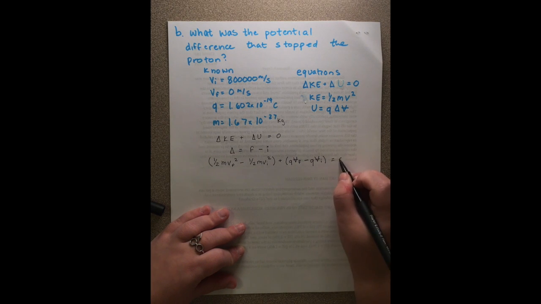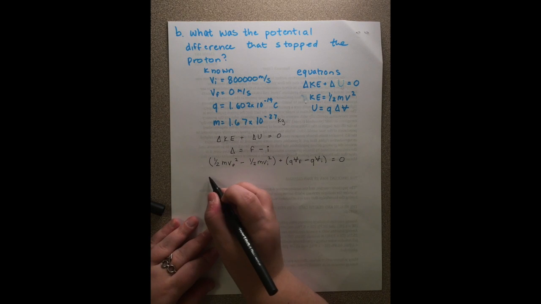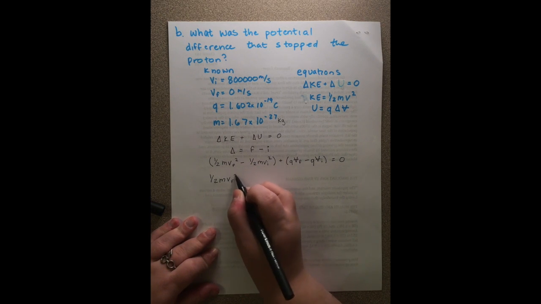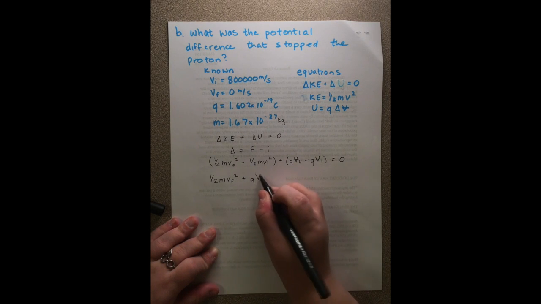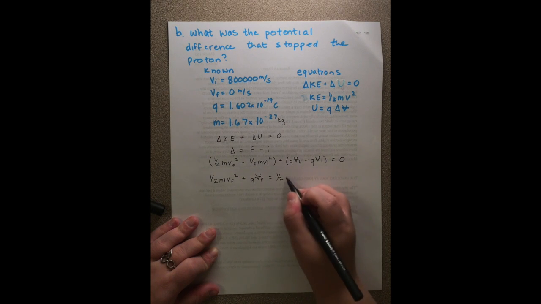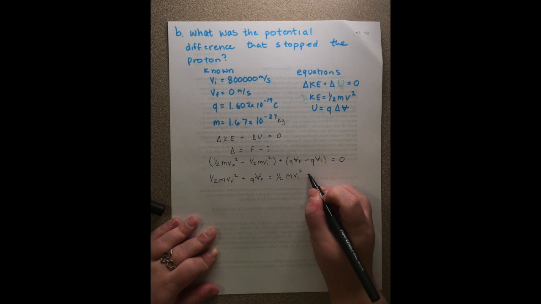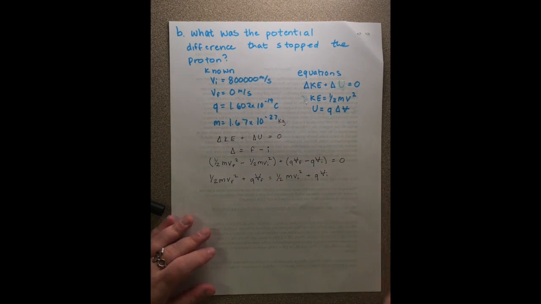And that is all equal to 0. Rearranging this, we find that 1/2 mass velocity final squared plus charge times potential final is equal to 1/2 mass times velocity initial squared plus charge times potential initial.